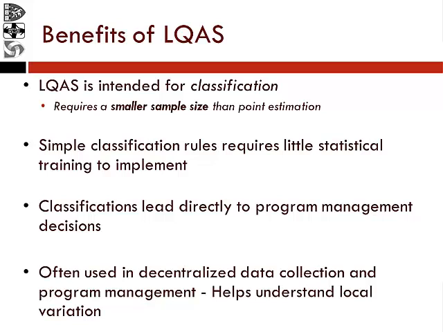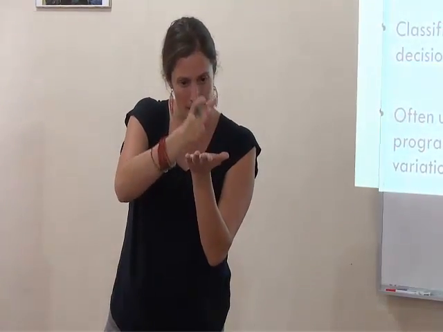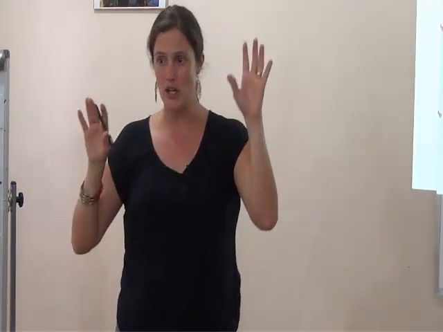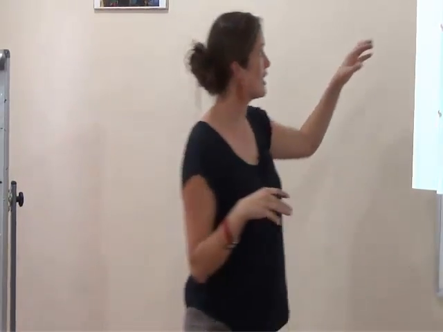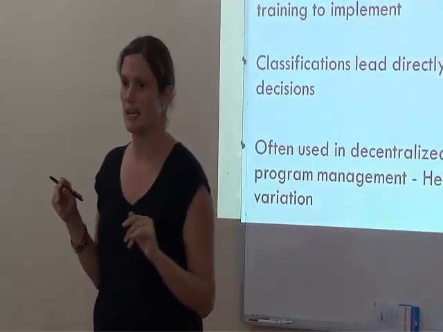So the benefits of lot quality assurance sampling: one is you typically can get away with smaller sample sizes because you're aiming for classification. So I am not trying to get an estimate with a tight confidence interval. I'm trying to do high and low. And because I'm looking at classification, you usually can get away with a smaller sample size.